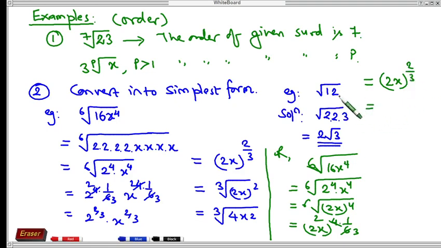Then express this in radical sign, the cube root of (2x) to the power 2, then it becomes the cube root of 4x square. In this way we can solve or convert into simplest form. Similarly others you can try.